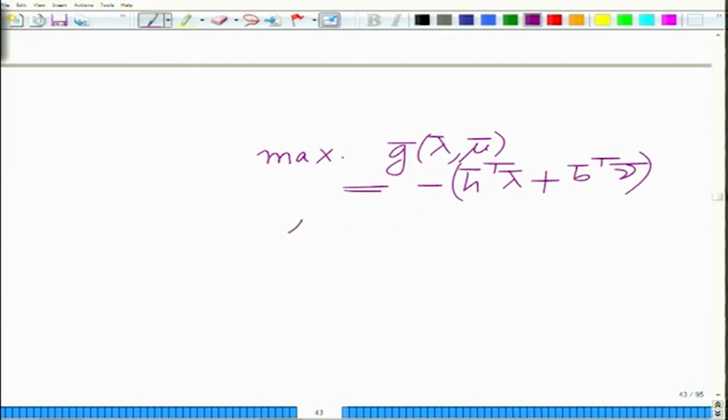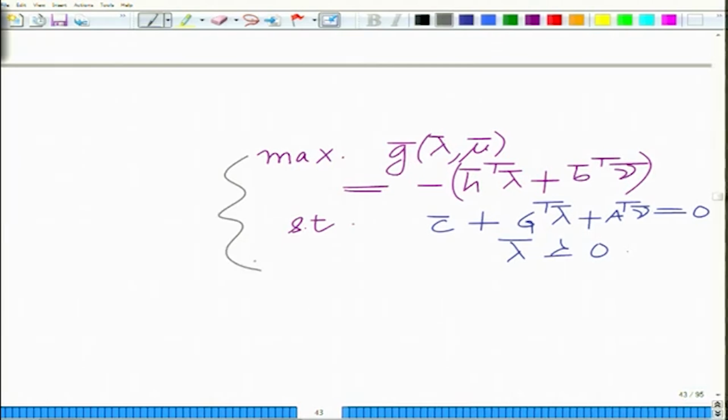But of course, you have constraints, subject to the constraints that, remember, this is only when C bar plus G transpose lambda bar plus A transpose nu bar equals 0, and of course lambda bar is component-wise greater than or equal to 0, and this is the dual problem.